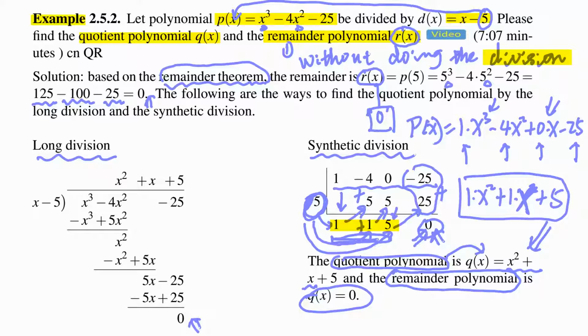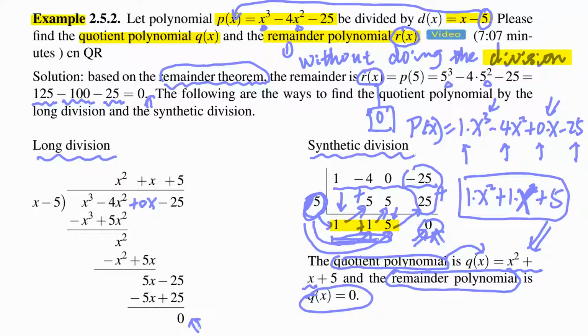For the long division, we may repeat quickly. You do plus 0x here again. Make sure that there is a spot for x. Okay. Then x squared times x is x cubed, positive, but we put negative here.